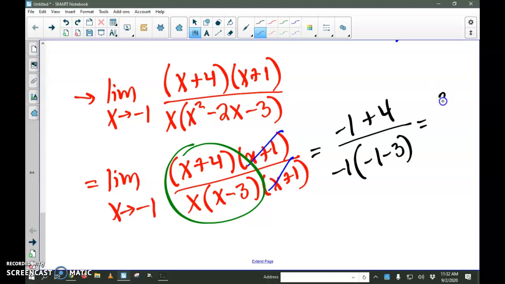And so now when I evaluate, I get 3 over 4. So again, if I were to graph this as x approaches -1 from either side, the y value I approach would be 3/4. You just won't always have access to a graph, or you might not have a graphing calculator to graph. And so this is the way in which we evaluate limits analytically.